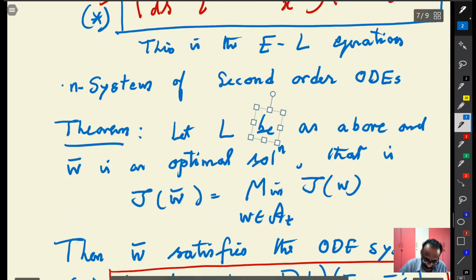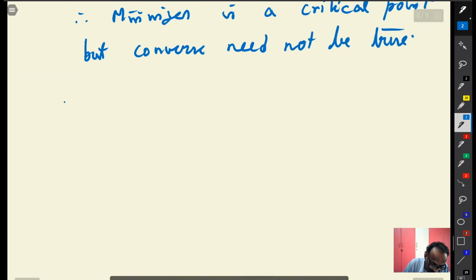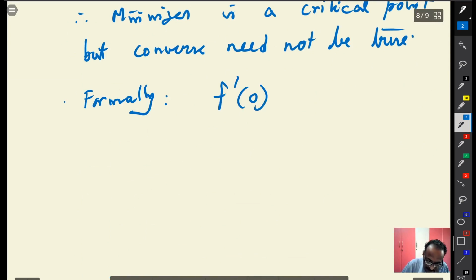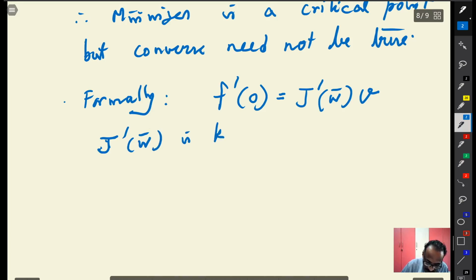Formally, those who have studied this can write f prime of 0 as nothing but J prime of W bar evaluated at v, and this J prime of W is known as the Fréchet derivative.